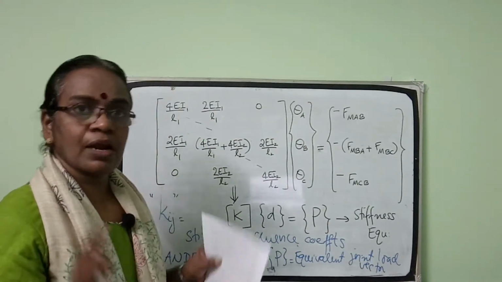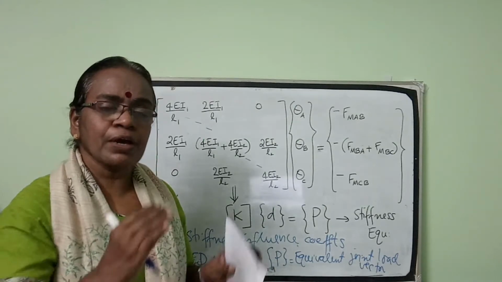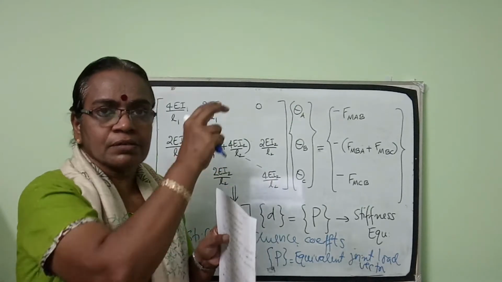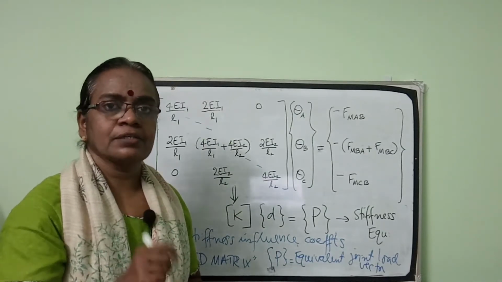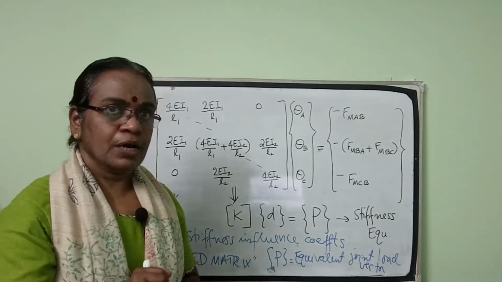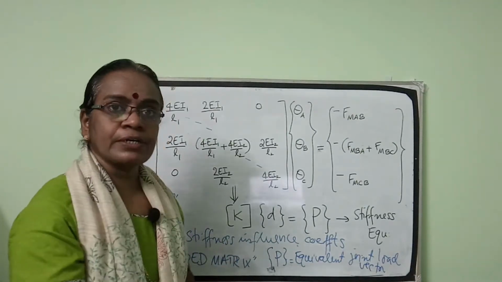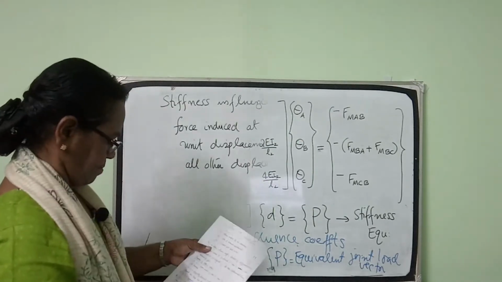When we deal with large size problems or degree of freedom of the order of say 100, most of the elements will be arranged around the main diagonal, and the off diagonal terms away from the diagonal will be 0. And this is called the banded property, and the stiffness matrix will be a banded matrix.